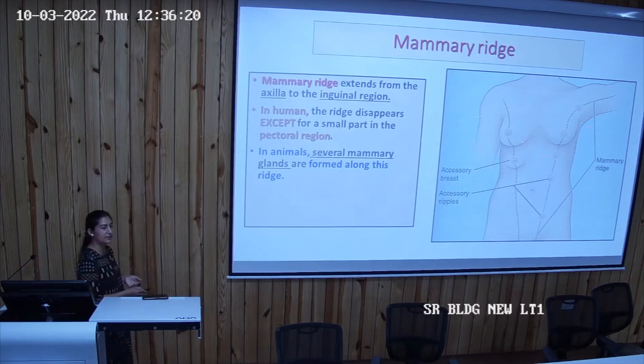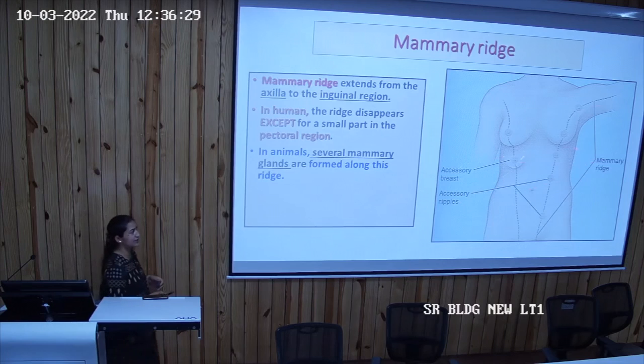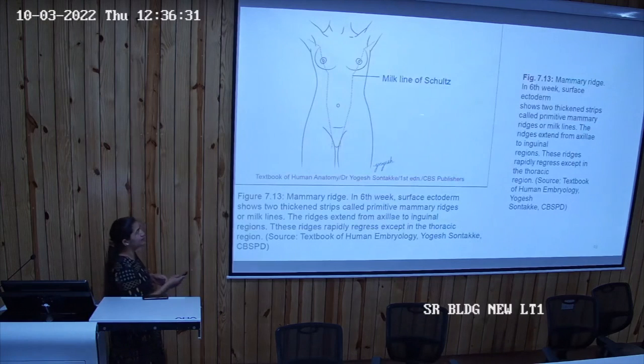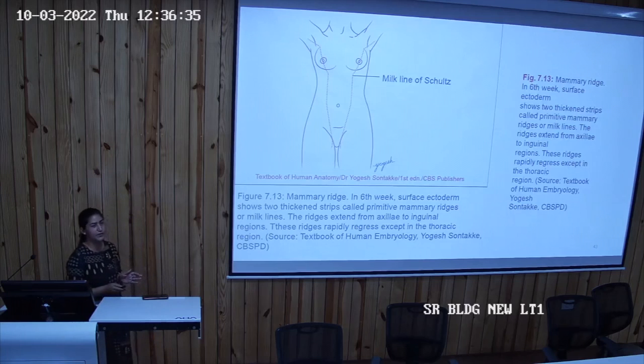Lower animals have multiple mammary glands. Similar development occurs in lower animals, but this line, called the milk line of Schultz, doesn't disappear in them, while in humans it disappears, remaining only in the pectoral region.